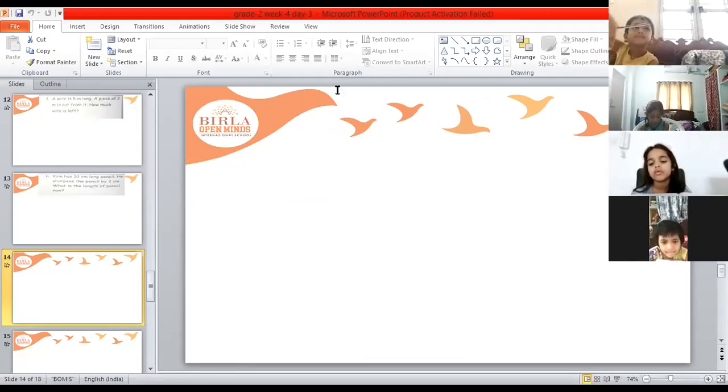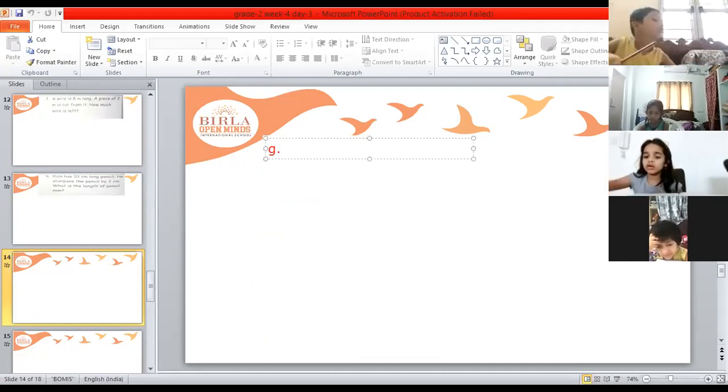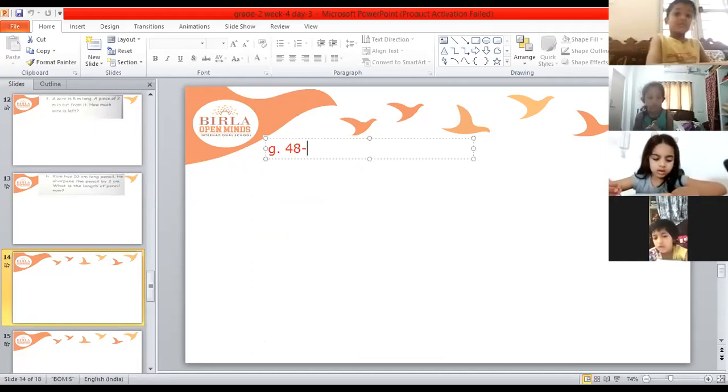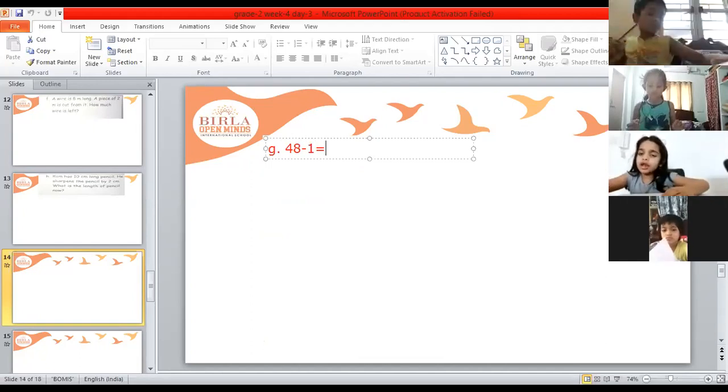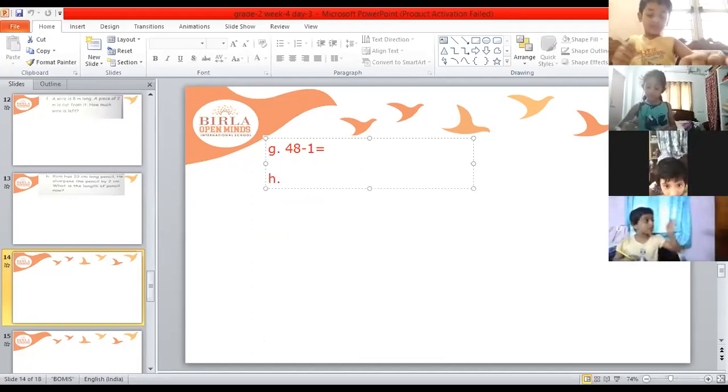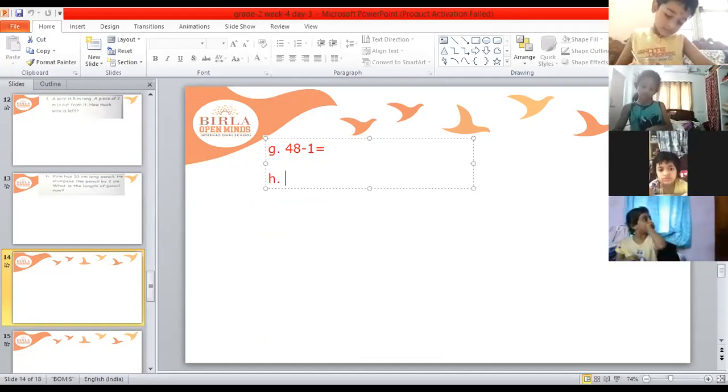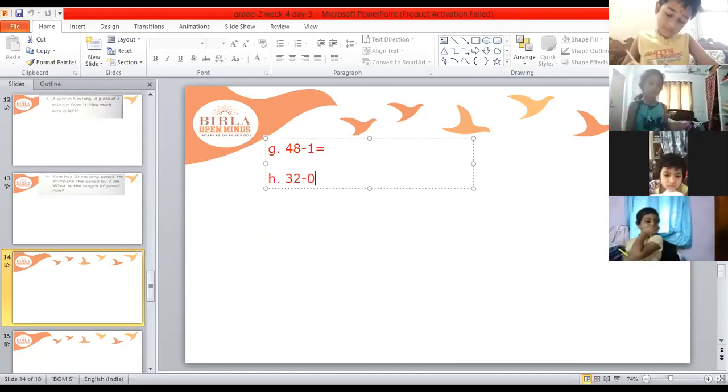Okay, children, after this, write bit number G. 48 minus 1 is equal to how much? And remember, after every bit, you have to leave one line. Then 32 minus 0 is equal to how much?